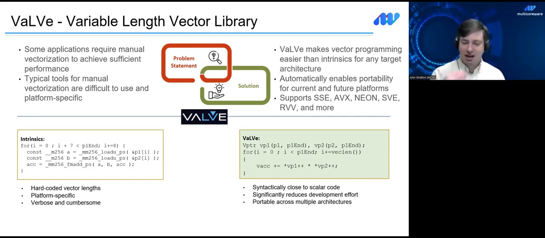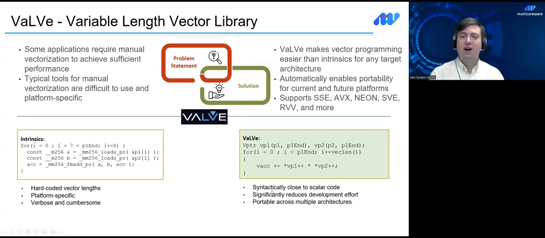Those have been supported and available. But there's a gap in the performance curve where doing these kinds of manual vector intrinsics is actually a lot more effortful than the vanilla C or C++ code that you would have been starting with.